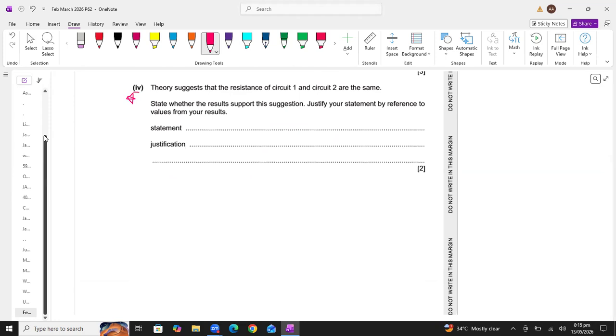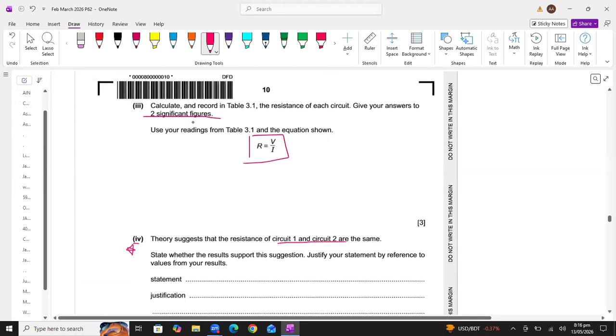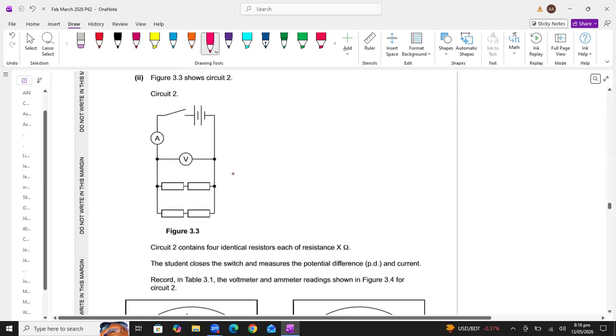All right. Theory suggests that the resistance of circuit 1 and circuit 2 are same. Obviously, theory is suggesting that the resistance of these two circuits is same, as I have informed you with my previous calculation as well. When I solved this circuit with the theory of series combination resistance and parallel combination resistance, we were getting the combined resistance of all four resistors, that is X ohm.